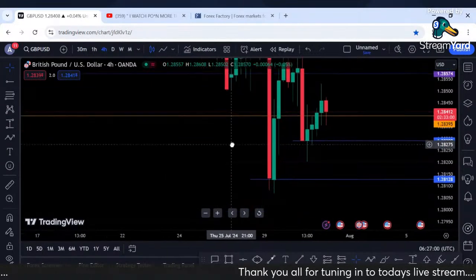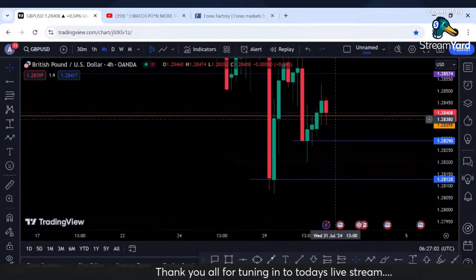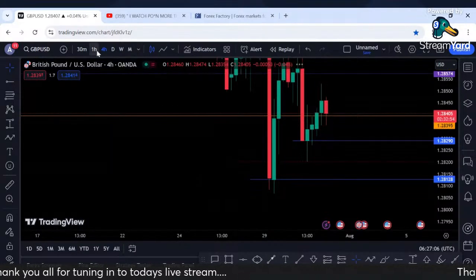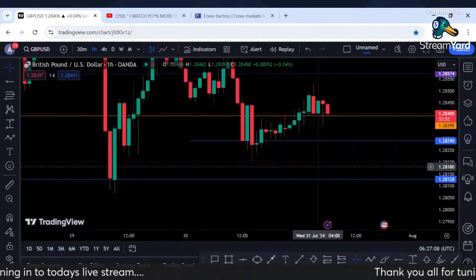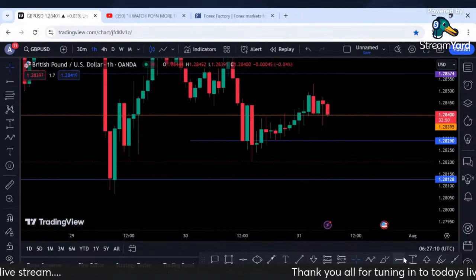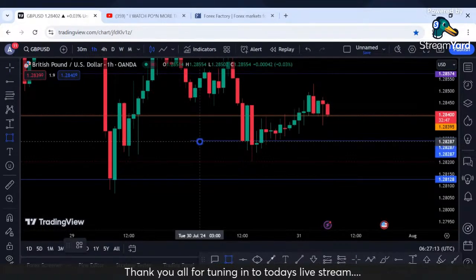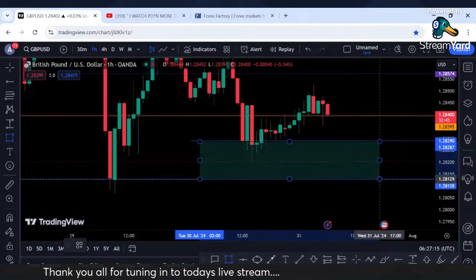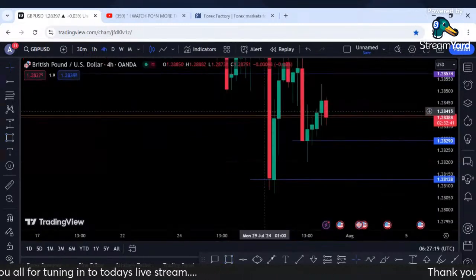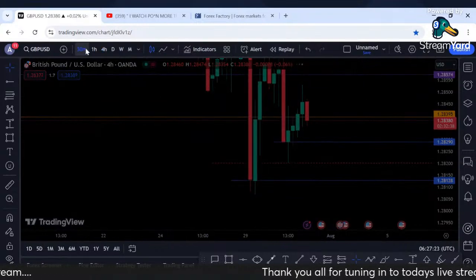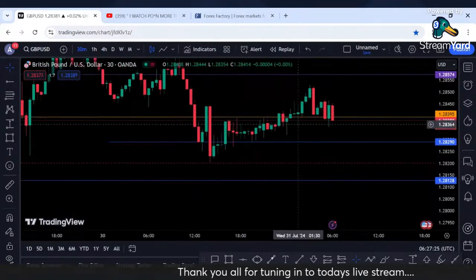So what I'll be watching for is when the H4 candle closes. Let me see the H1 time frame. This is the zone that I'm going to trade within. So let's see what this time frame will do.